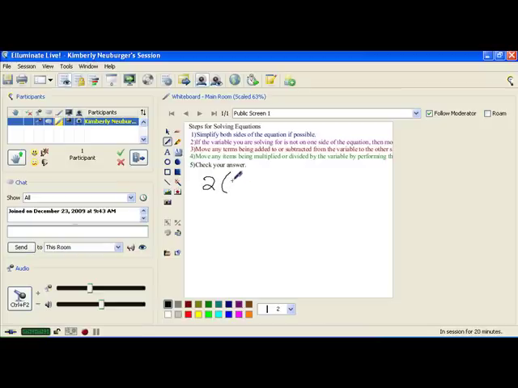We might have 2 times 3x minus 4 plus 6 equals 4 times 2x plus 3 on that side. Now, notice this looks really scary, but if we go through our steps one at a time, we will guide ourselves right through this problem and it won't be that hard at all.